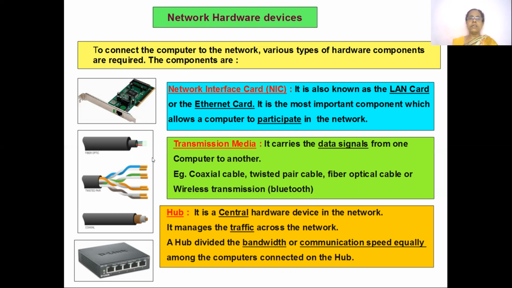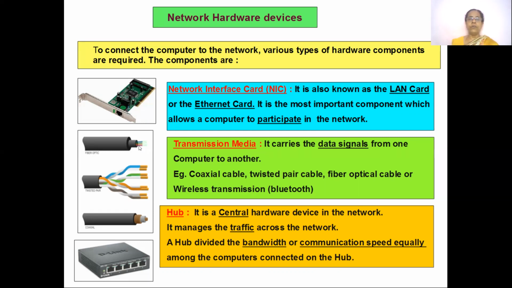The next one is the transmission media. These transmission media carry the data signals from one computer to another. There are different types of media being used. You can see this is a twisted cable wire. This is coax. First the twisted cable wire came, then the coaxial wire came. This coaxial cable wire was used in the internet.